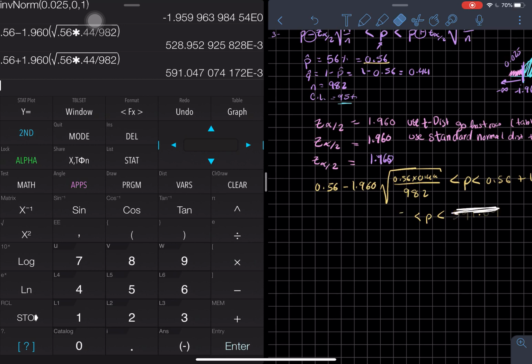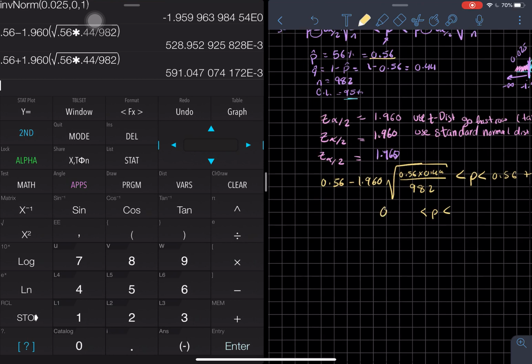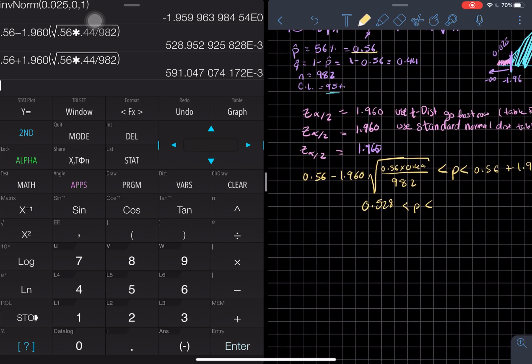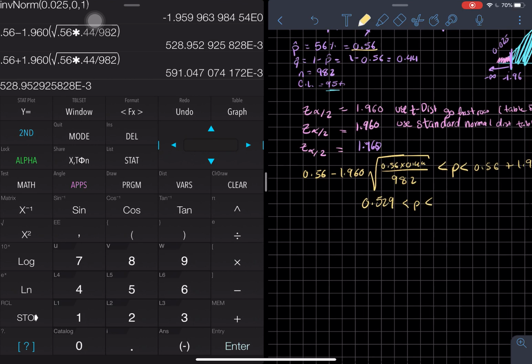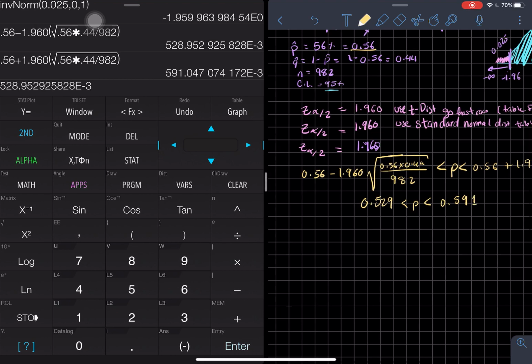It's actually times 10 to the power of negative 3, so that really means I have 0.528, which makes a lot more sense. And not even 8, because there's a 9 after it, so what I have here is 0.529, and then my second one is going to be 0.591. Yeah, that's it. I was like, this proportion should be less than 1.